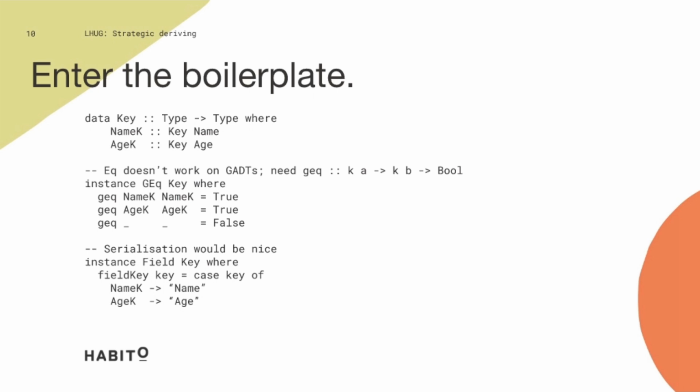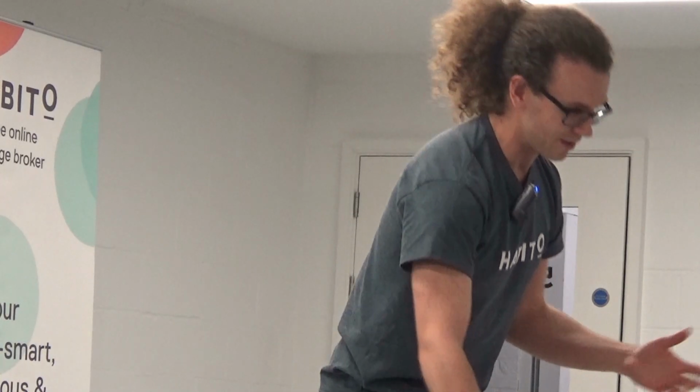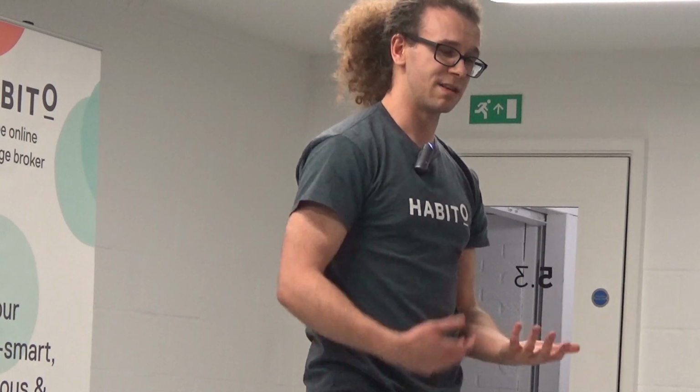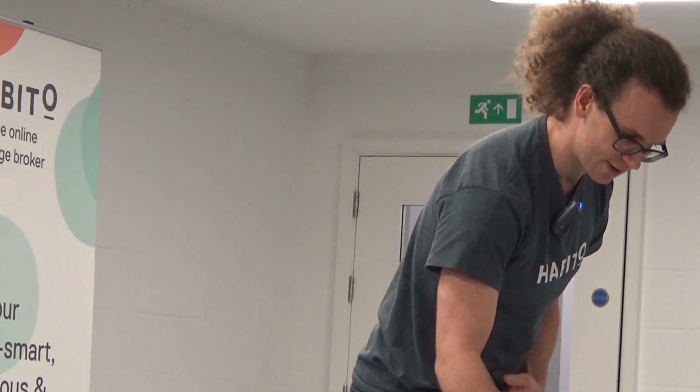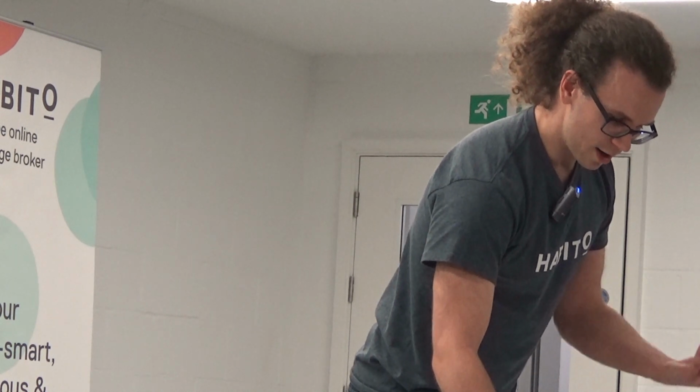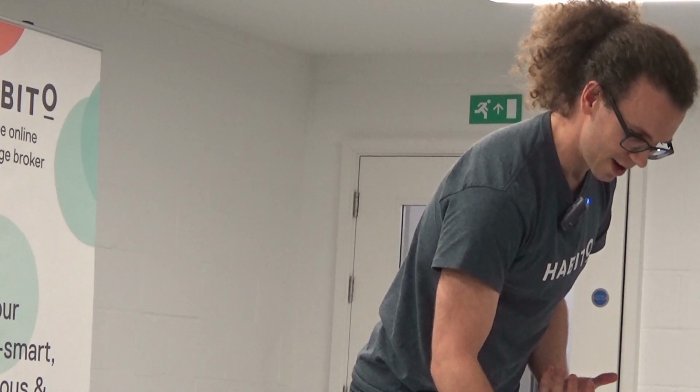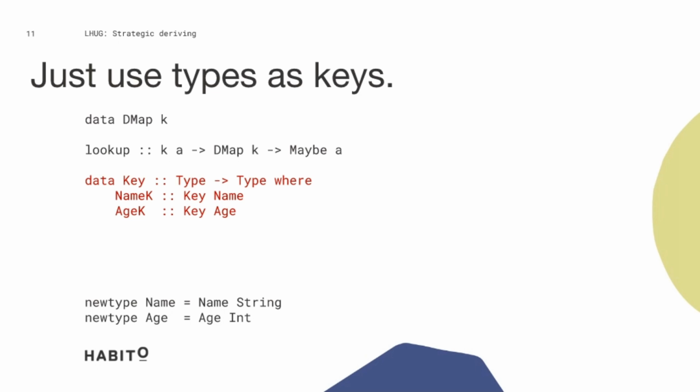So yes, there are ways around it, and as I say, we do employ this in our code base today to a degree, and we just suck it up. But it hurts. So, it came to me in a dream. The keys are very say-what-you-see, aren't they? Every type in this map is going to have a key, like name K, age K. Why don't we just use the types themselves as keys?